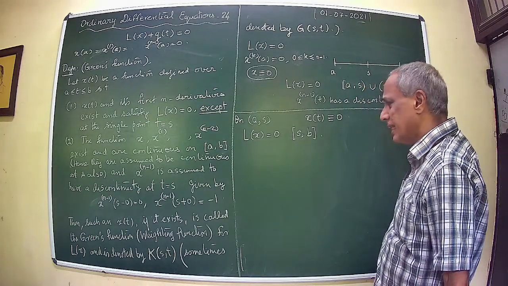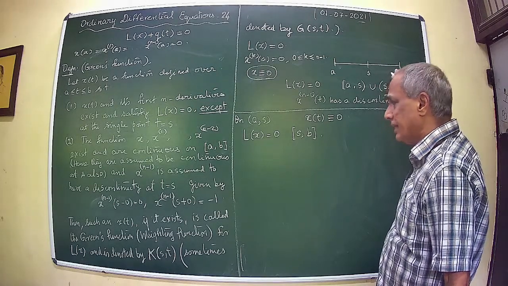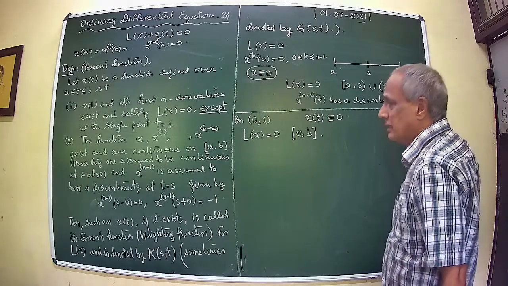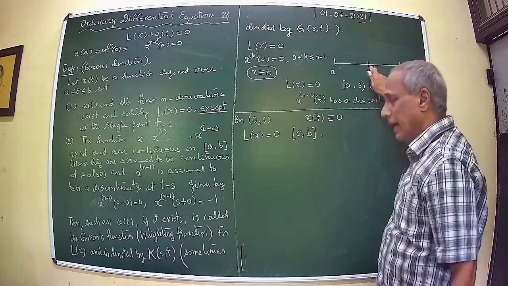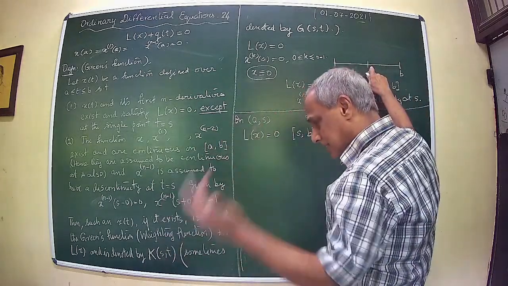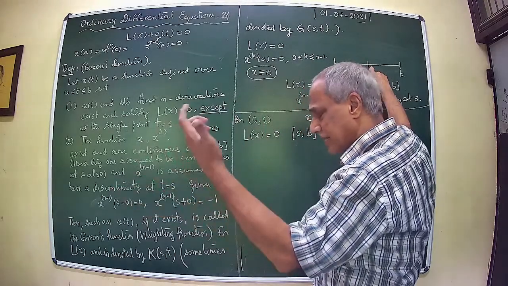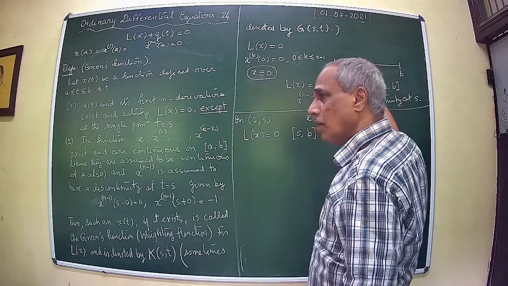Not only is it continuous everywhere, but all the derivatives up to the order n minus 2 are continuous. Therefore you have x, derivative, etc., up to n minus second derivative, picking up the value 0 at S.